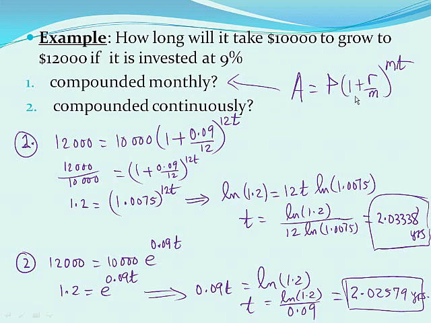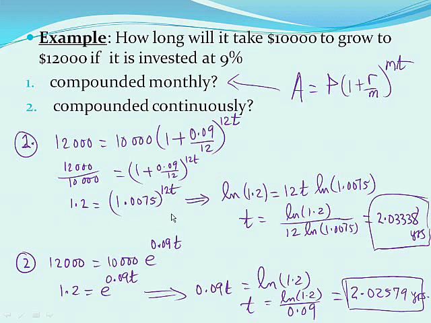So substituting up here, frequency is 12. Frequency means the number of interest conversions per year, 12. And the number of years is the unknown. So we need to solve this for t. We can divide with 10,000, getting 12,000 by 10,000, which is 1.2 on one side. 0.09 by 12. So if you do that, you will get 0.0075 added to 1.